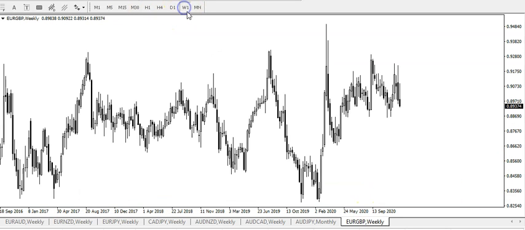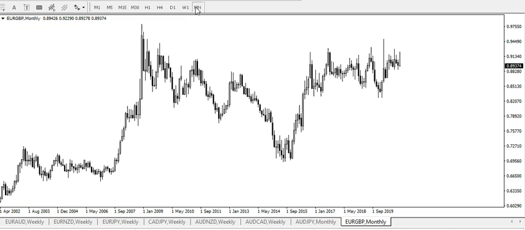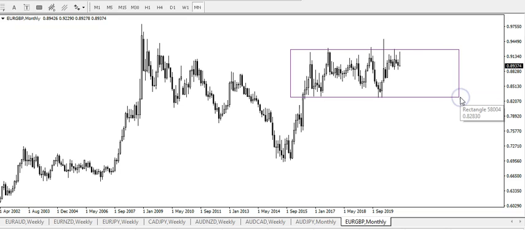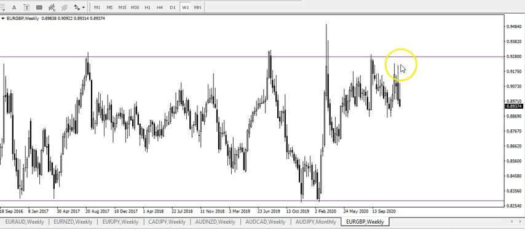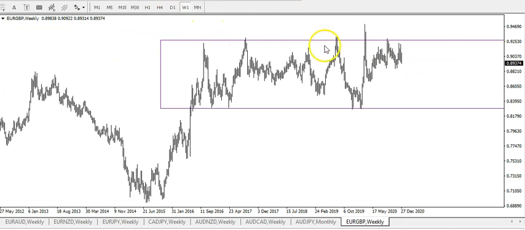Last but not least, for those of you who have been following me, you would have noticed that I have been looking at Euro Pound, and I've left it for the last because this is my final chart. Final chart is such that I only take this range from the top to the middle and from the bottom to the middle. Depending on price action, I might take it further than the middle.